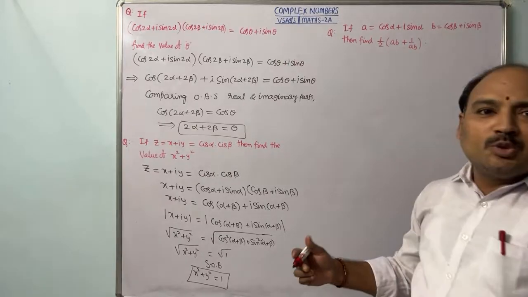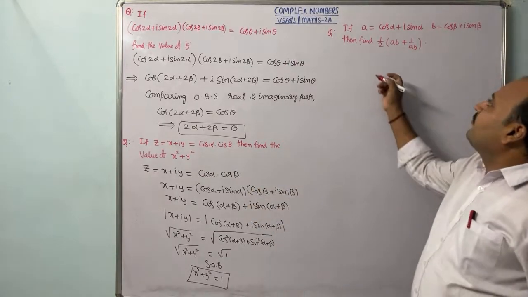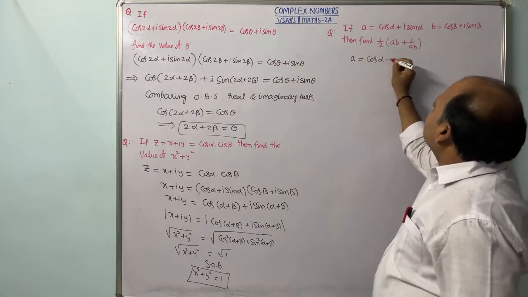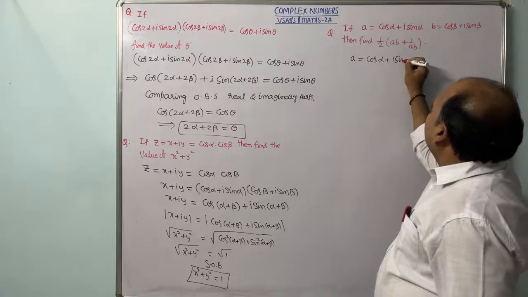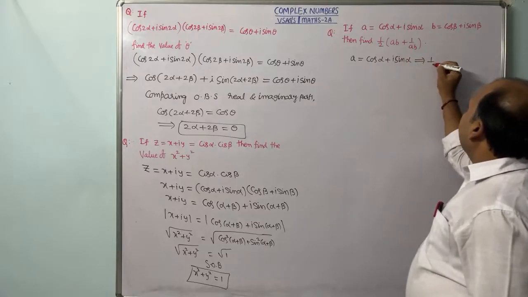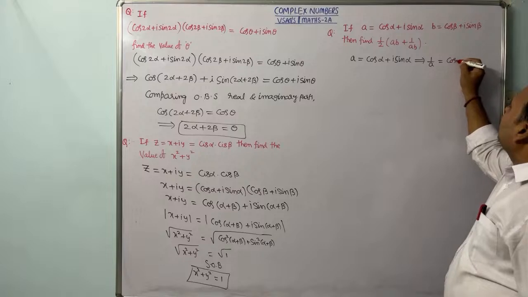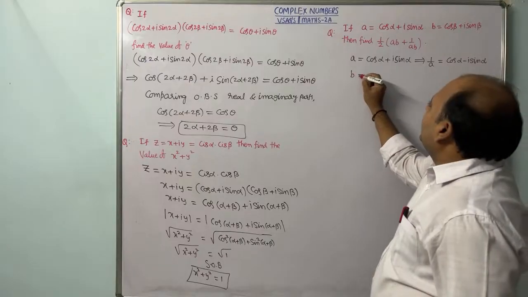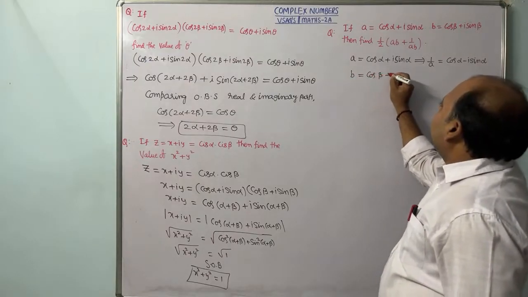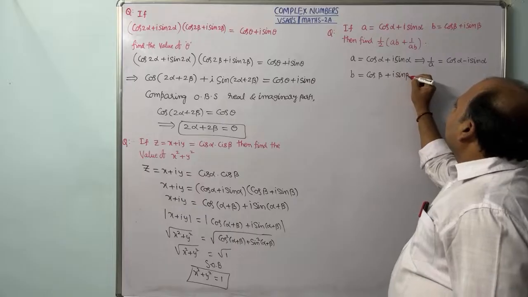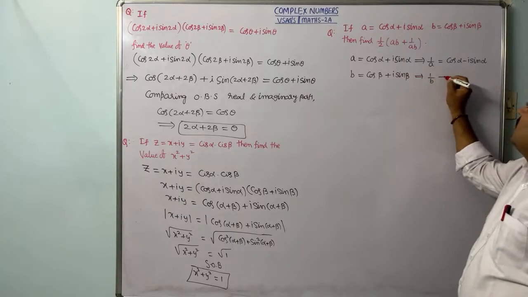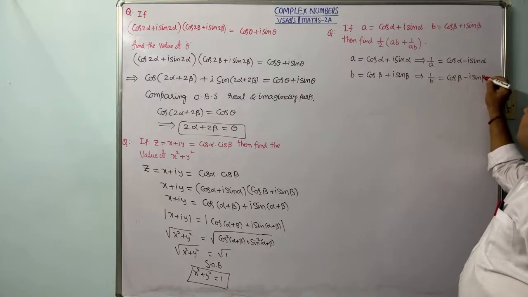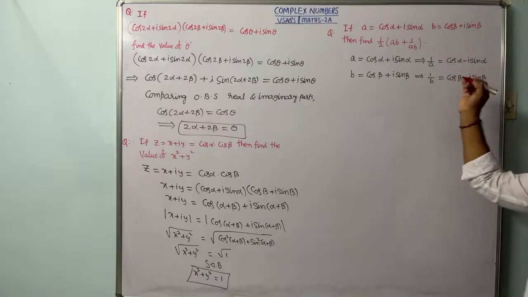Similarly, we are going to end the session with the last question. a equal to cos α + i sin α, that implies 1 by a is equal to cos α − i sin α. Next, b equal to cos β + i sin β, that implies 1 by b equal to cos β − i sin β. So here ab is important and 1 by ab also.